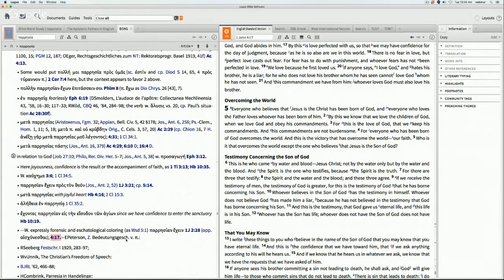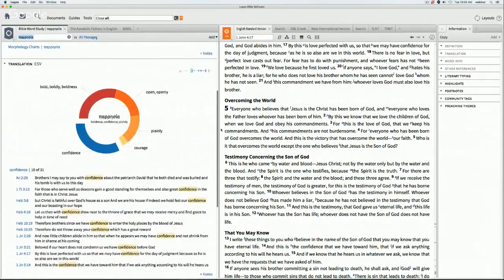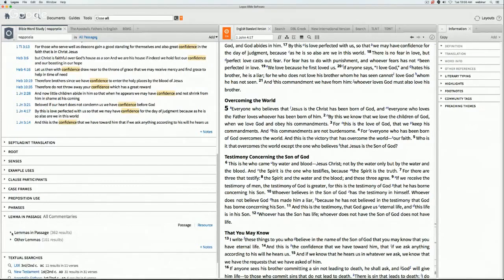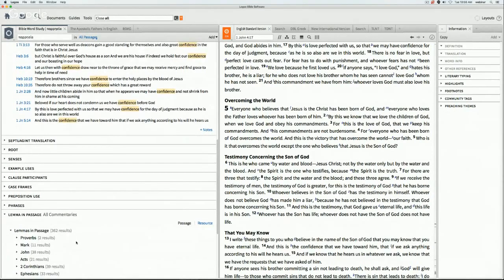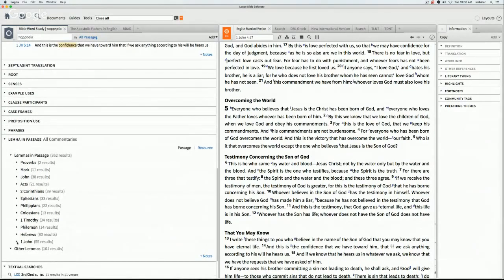There's a couple of other ways that we can also examine or check our work. If we go to the Bible Word Study Guide and scroll down, we have another section here from Logos Now called Lemma in Passage. And I just want to be clear here that this is only for Logos Now members. This is another one of those new features that you get as the benefit of being a Logos Now subscriber.